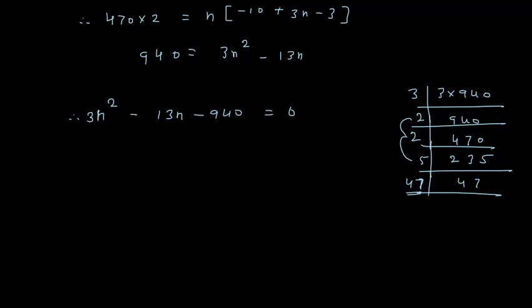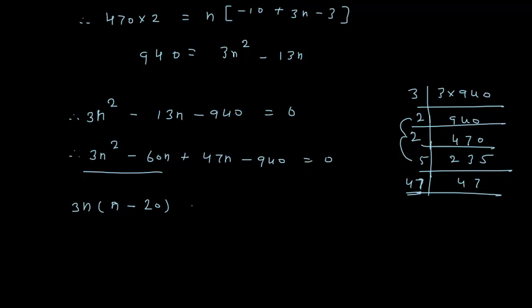So therefore you can write 3n square minus 60n plus 47n minus 940 is equal to 0. From here you take 3n common, so it is n minus 20, plus you can take 47 common, it is n minus 20, is equal to 0.